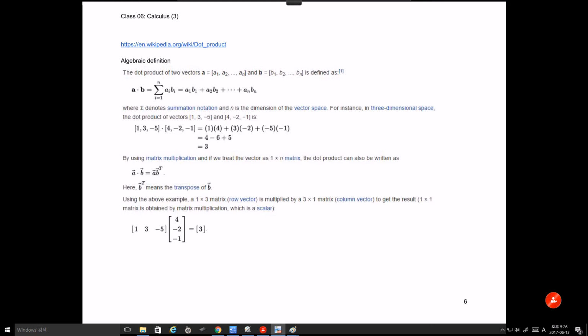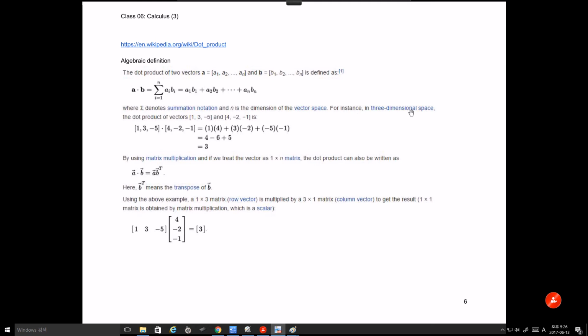A is a vector made up of A1 to An, and B is a vector B1 to Bn. The dot product is defined as the sum of Ai Bi from i equals 1 to n, so A1 B1 plus A2 B2 plus dot dot dot plus An Bn, where sigma denotes the summation notation and n is the dimension of the vector space.